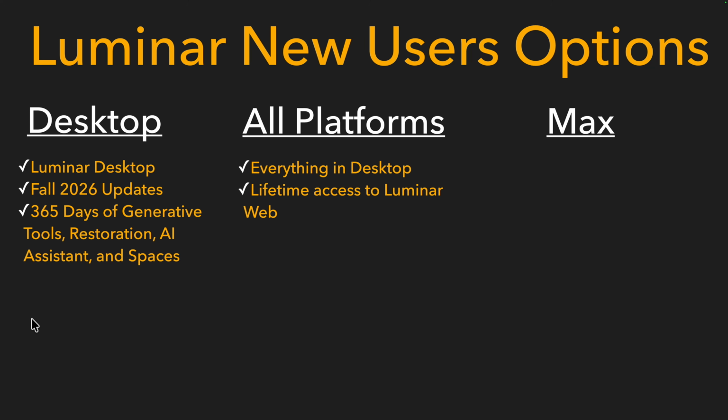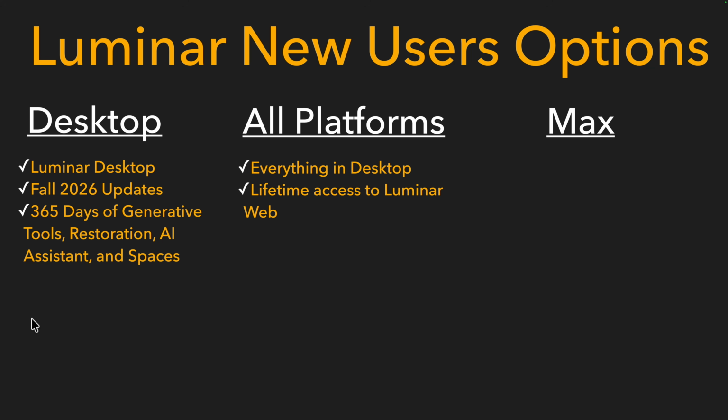I'll explain why this matters a little bit later, but just know that you are purchasing a lifetime license. You get to keep Luminar. This is not a subscription. They're just giving you access to the things that you would need an active subscription for, and that's going to be those AI generative tools. I'll explain that a little bit later.